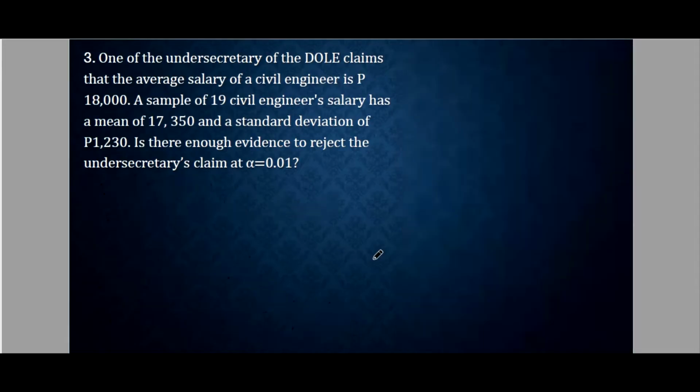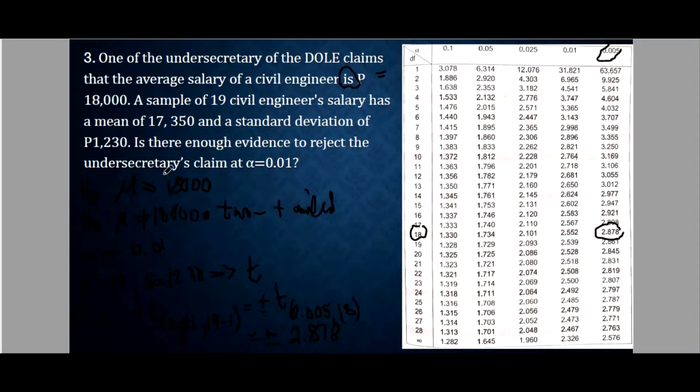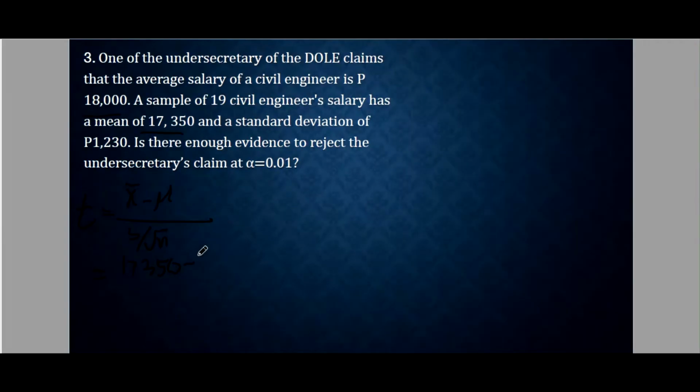Okay, after this, let's have the computation of t. The t computation is x bar, or the sample mean, minus the population mean, over the sample standard deviation over the square root of n. What is the sample mean? It is 17,350, minus the population mean, which is 18,000, divided by our standard deviation 1,230 over the square root of 19.